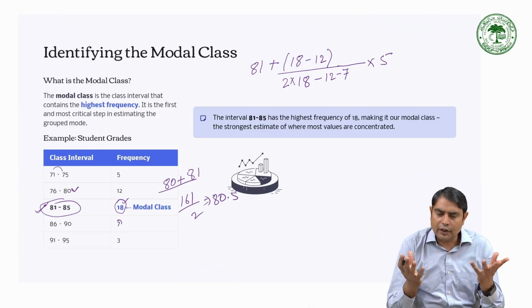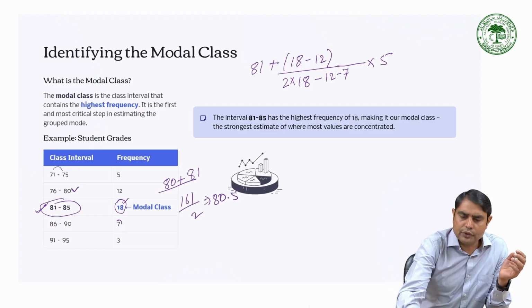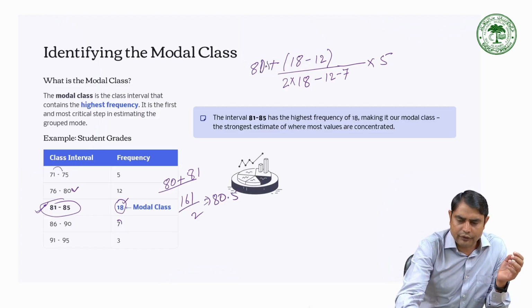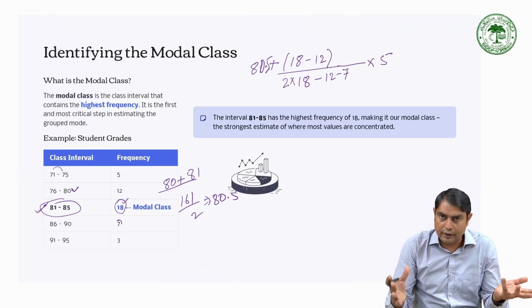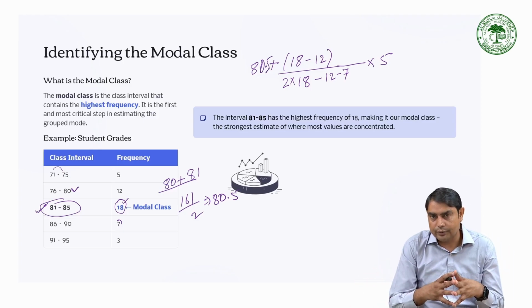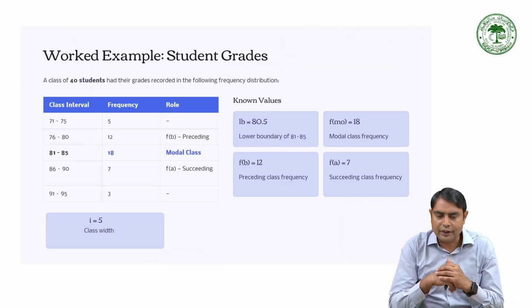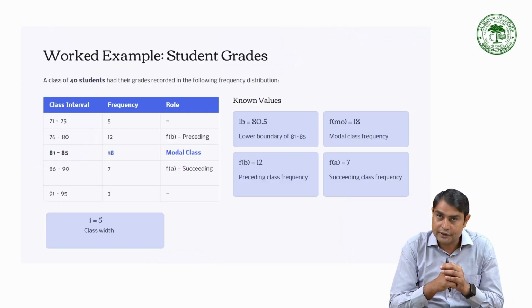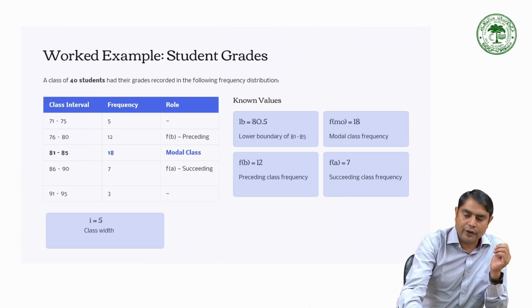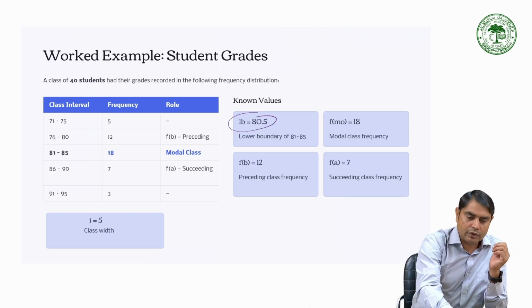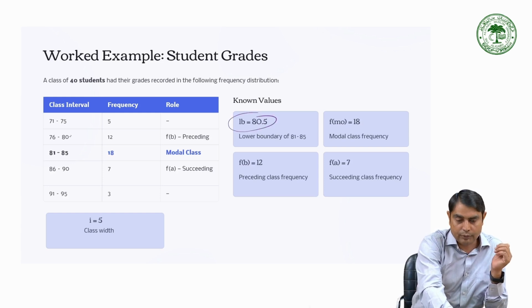And thereafter I can apply this formula. So instead of using 81, I can use 80.5 and then recalculate my mode, and you'll get the exact value. So how can it be solved? It can be solved like this. Why have you taken 80.5? Obviously, because my data was not continuous.